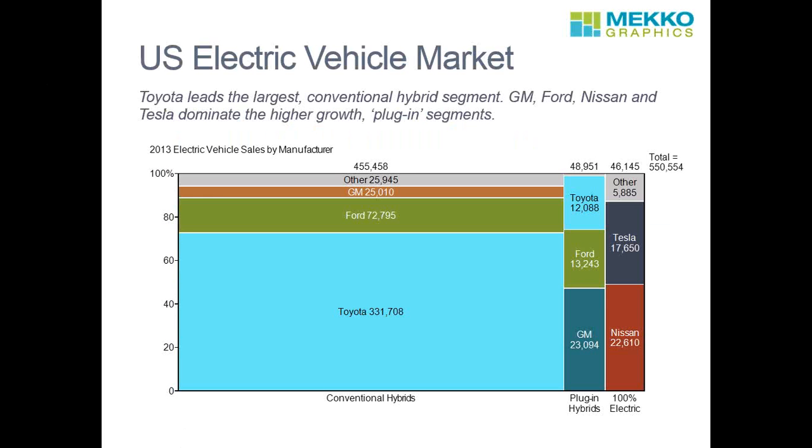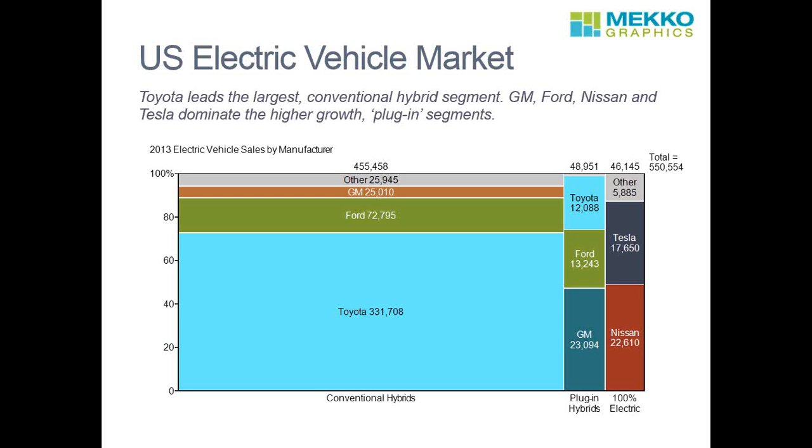So we'll get you going with a very simple market map. The Marimekko chart is often why people buy our Mecca Graphics software. It's probably the chart that we are known for. It's the chart that's part of our name, and the Marimekko chart is a great way to map a market.